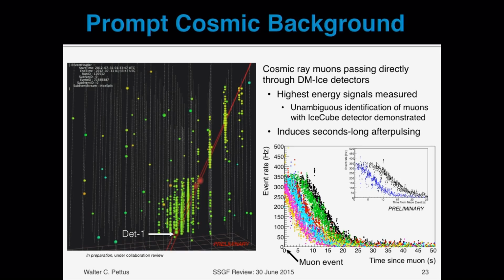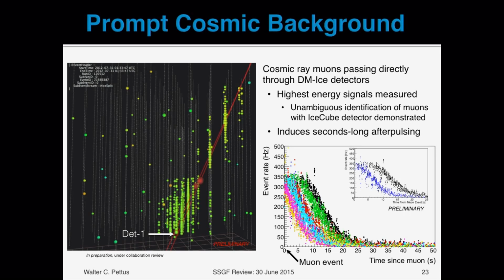But if you deposit that much energy into your crystal, you can have long-lived, very low energy signals which accompany them. So the fact that we can tag muons, we actually know something about their energy because of all of this tracking of IceCube above us, is very useful for us. And then we can look at the decay.